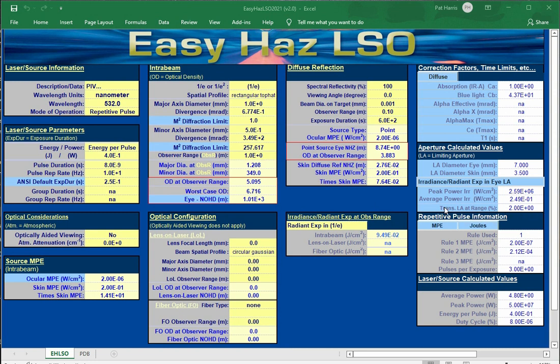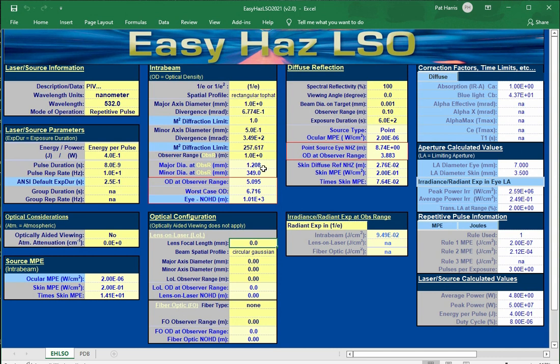About 2%. And so out of 400 millijoules, we'd be looking at about 8 millijoules going through our limiting aperture of 7 millimeters. Okay? All right, so we have this modeled out fairly well. This is how you do it.